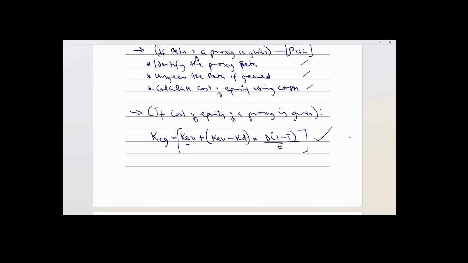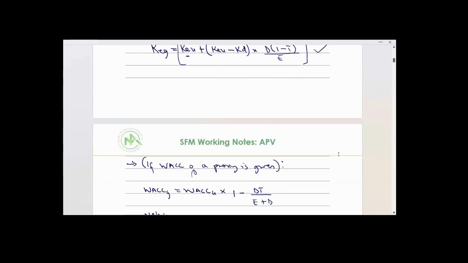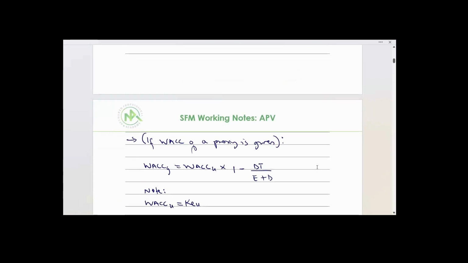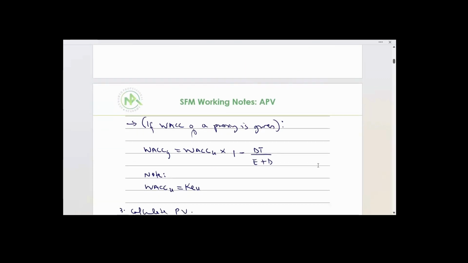The difference between present value of cash inflow and the present value of cash outflow will represent your base case NPV. Again, finally, you go into the question after you have calculated your net cash flow. If you are given WACC of the proxy company, it means that you are supposed to calculate WACC on gear, and your WACC on gear is the same thing as the cost of equity on gear.